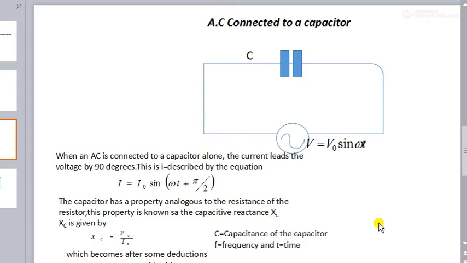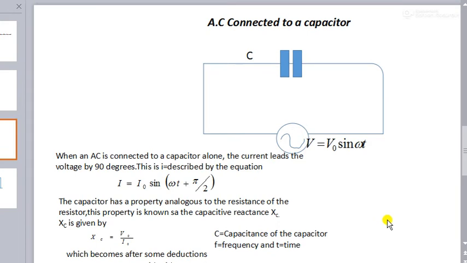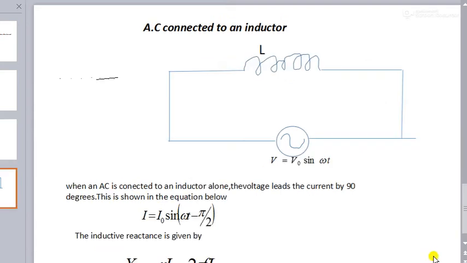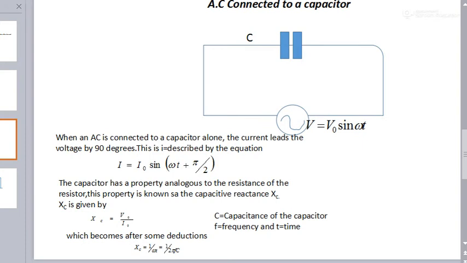After some rearrangement, we have an equation which says that the capacitive reactance is equal to 1 over ωC.